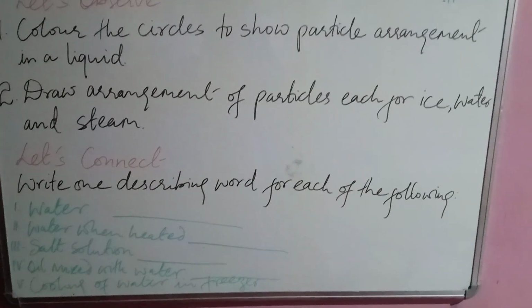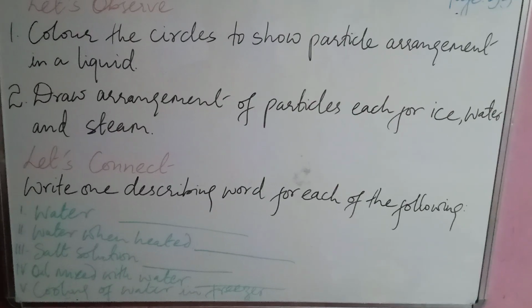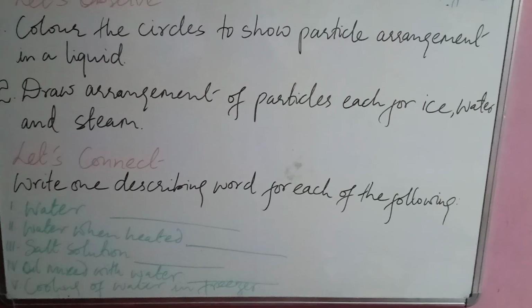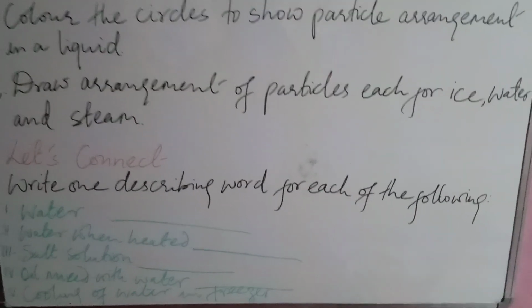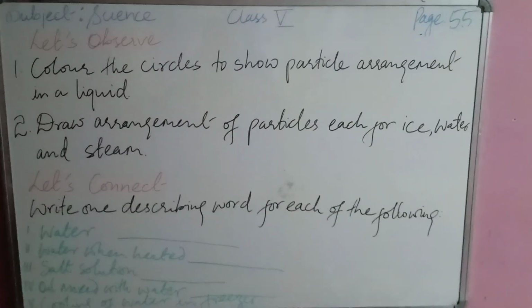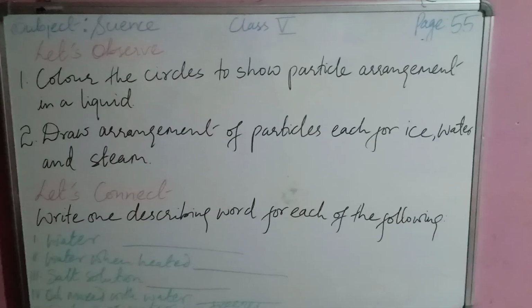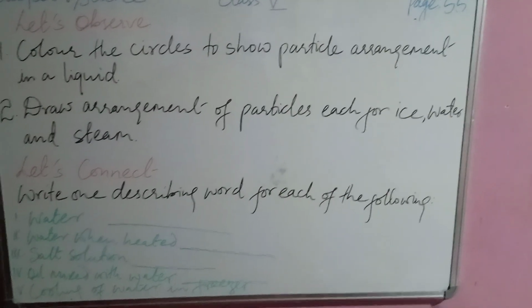And write one describing word for each of the following: water; water when heated; salt solution; oil mixed with water; cooling of water in freezer. So this will be your home assignment for this week. You have to do the questions from Let's Observe and from Let's Connect.